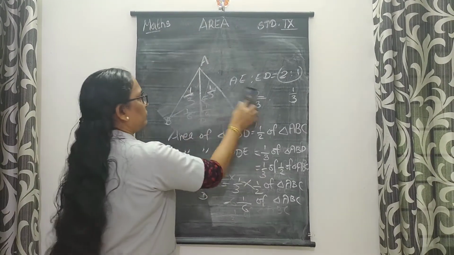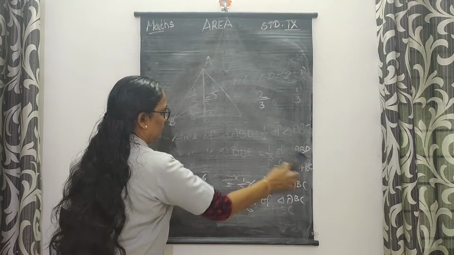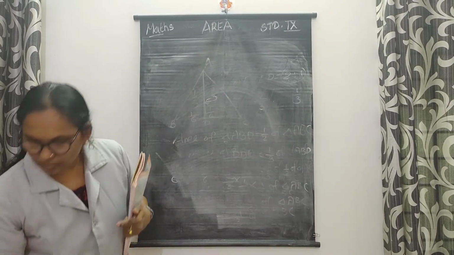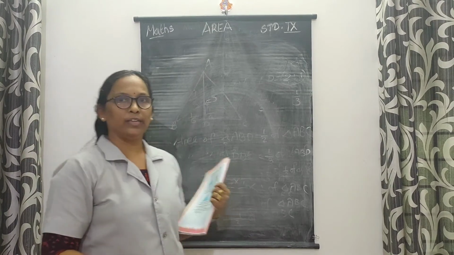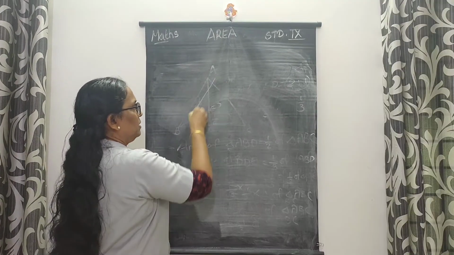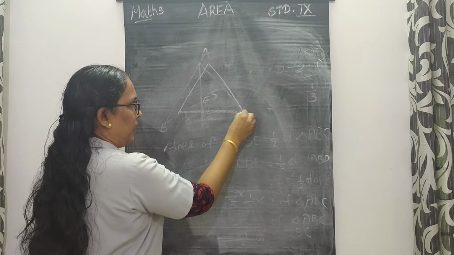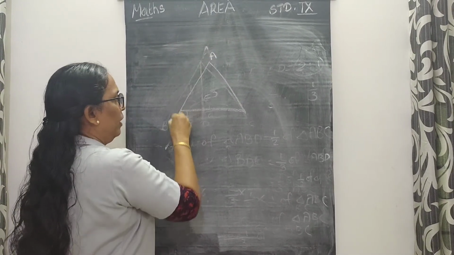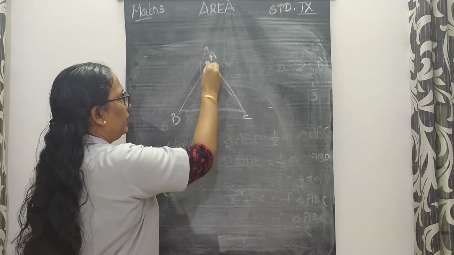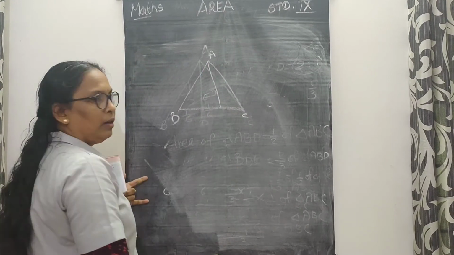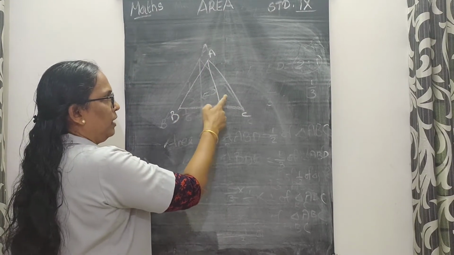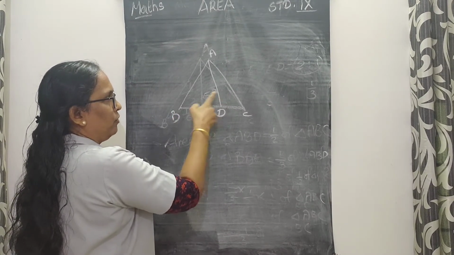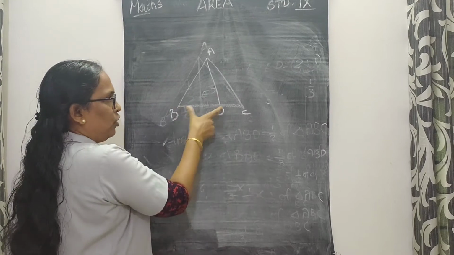We studied two concepts. First one, it is a triangle. If we draw a line from A to the side BC, then the area of the first triangle is to the area of the second. The ratio of the areas equals the ratio of the bases.